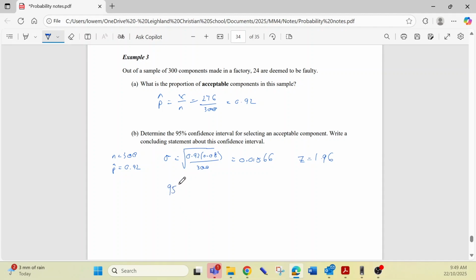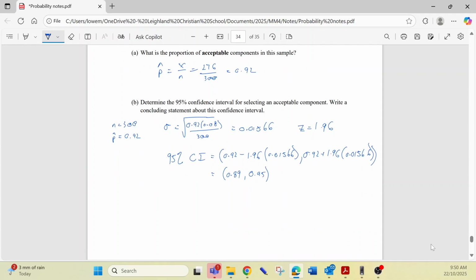Our 95% confidence interval is 0.92 minus 1.96 times 0.01566 to 0.92 plus 1.96 times 0.01566, which gives us 0.89 to 0.95. So our confidence interval is between 89% and 95%.